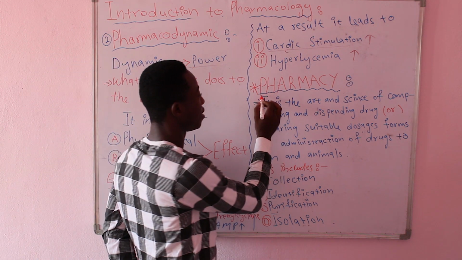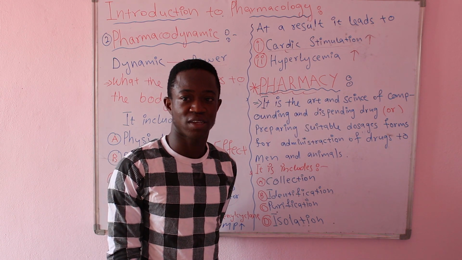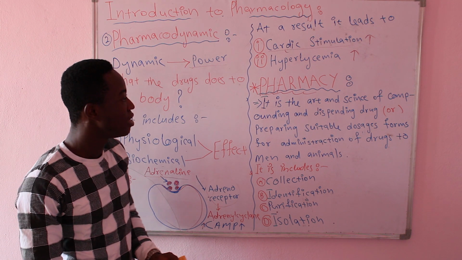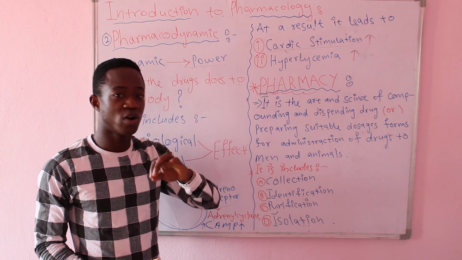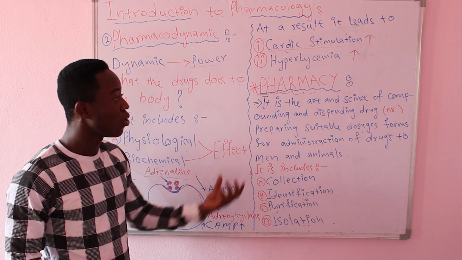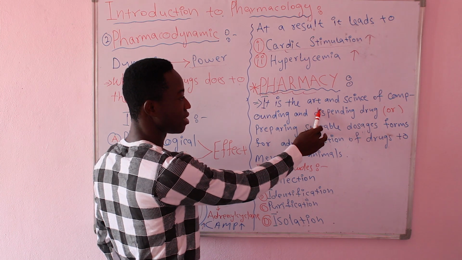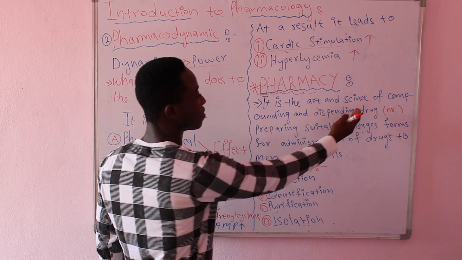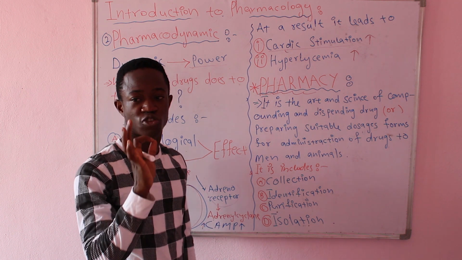Then we look at the word pharmacy. What is pharmacy? We are given the standard definition of pharmacy from WHO, the World Health Organization. It is the art and science of compiling and dispensing drugs.